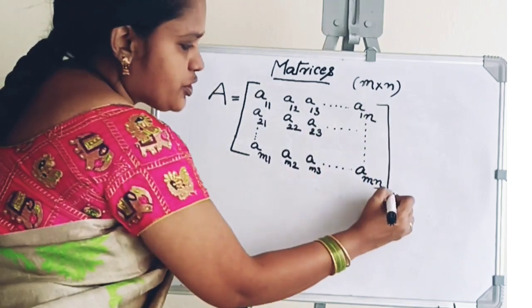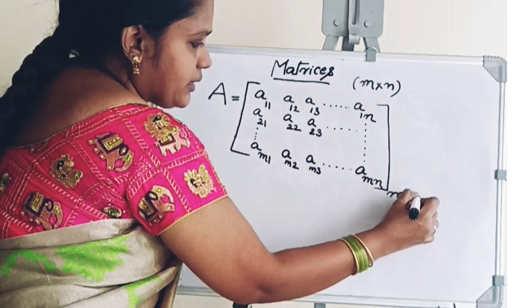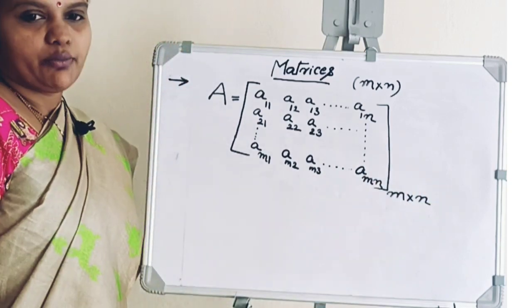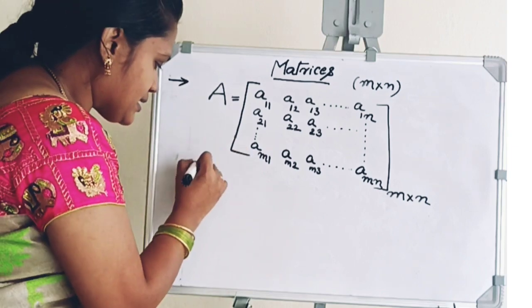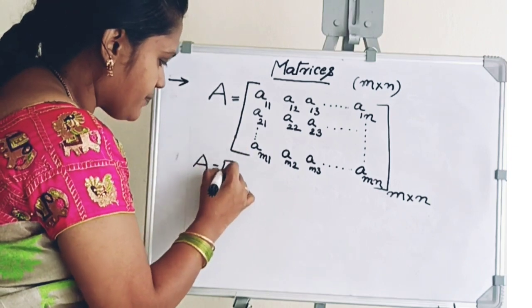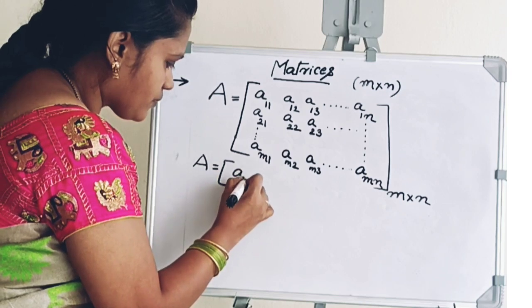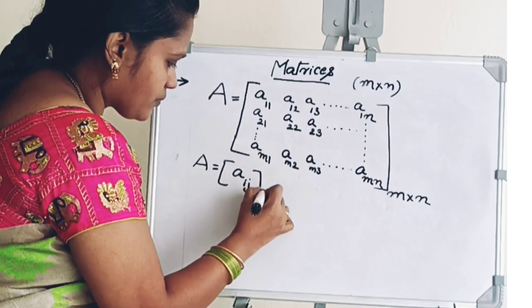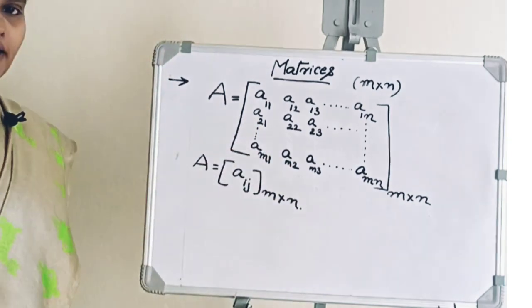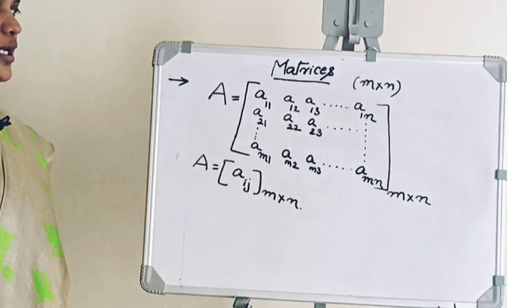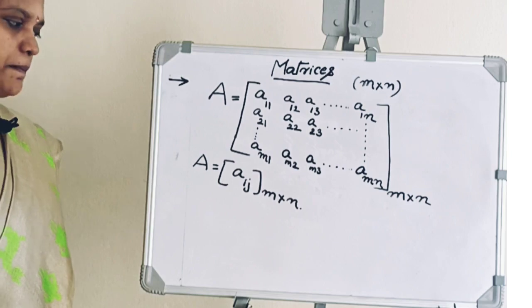This is the generalized form of matrix which consists of m number of rows and n number of columns. Right? This is the generalized form of representing a matrix.